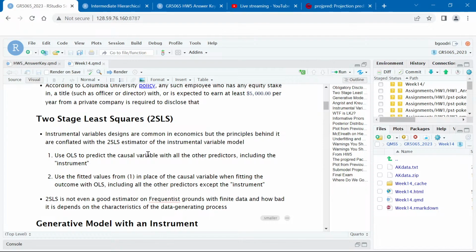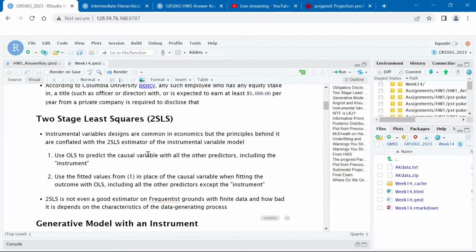And so it's a problem that people's thinking about the idea of instrumental variables and selection and other things that get in the way of causal inference are all tied together in this one estimator of a model that's not even a good estimator on frequentist grounds. So it's not unbiased.